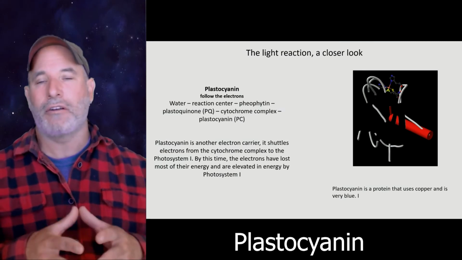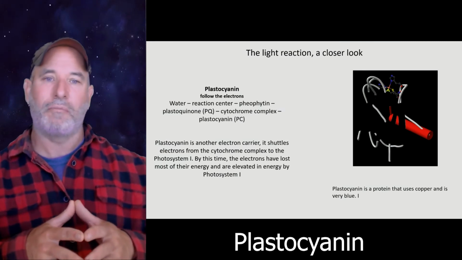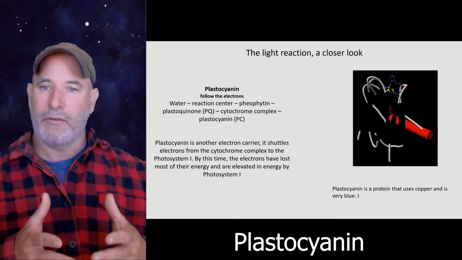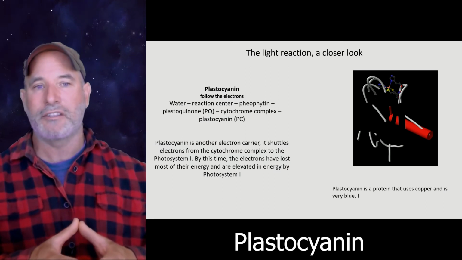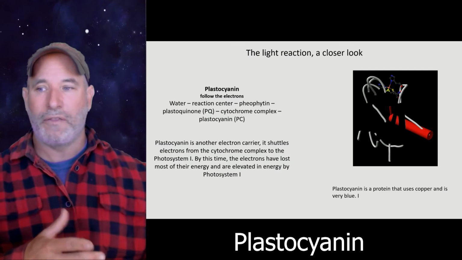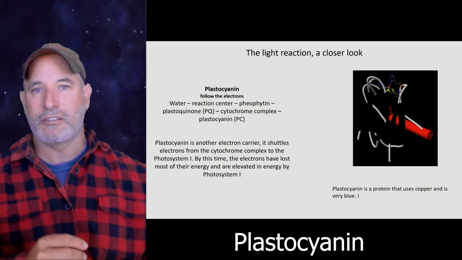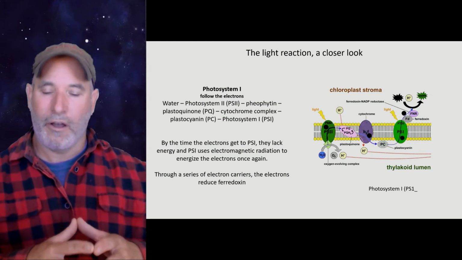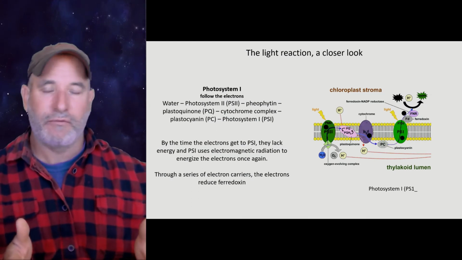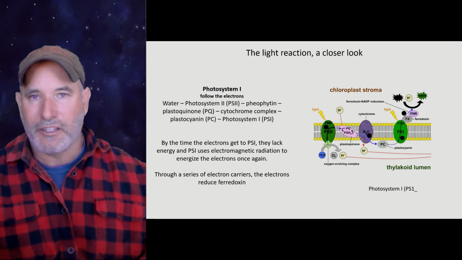Okay, so from the cytochrome complex, you have to shuttle the electrons away once again. Now we have another electron carrier. This is called plastocyanin. This is a very strong oxidizer. It can easily pick up the spent electrons from the cytochrome complex, and it's going to do one thing. It's going to take them to photosystem I. Now, photosystem I receives these electrons from plastocyanin. They have no energy.